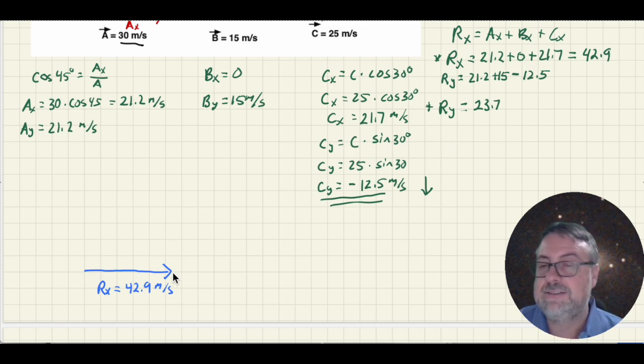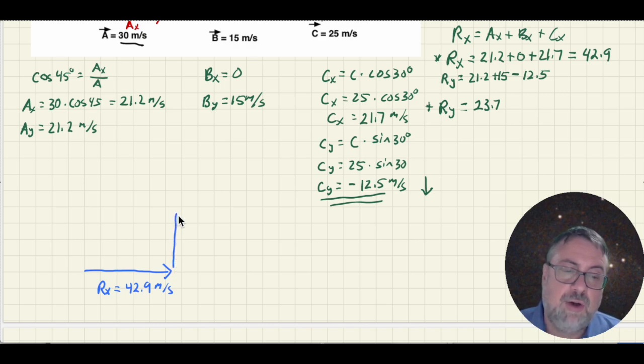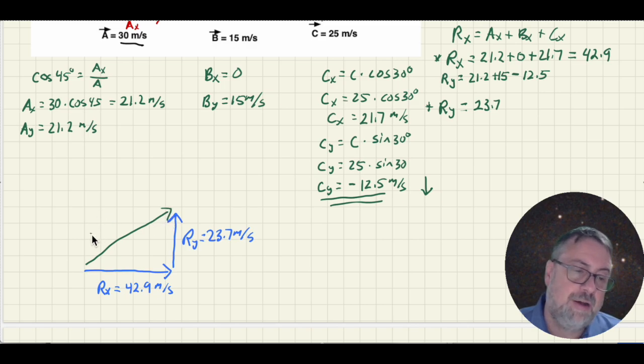To the tip of Rx, I need to add the tail of Ry. So Ry will go up in the positive direction because Ry was positive. If Ry came out to be a negative value, I would go downwards instead of up. So Ry is equal to 23.7 meters per second. And now I can draw in vector R, the actual result of adding A plus B plus C.